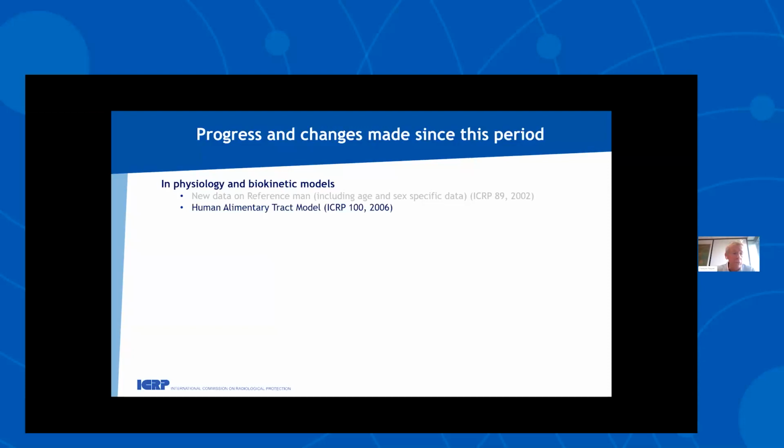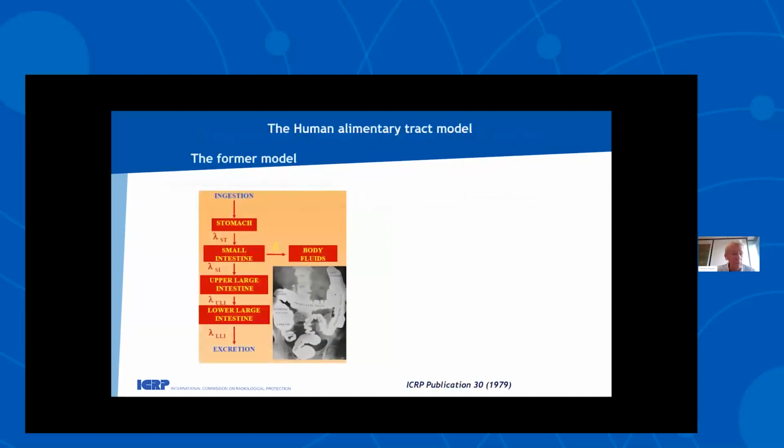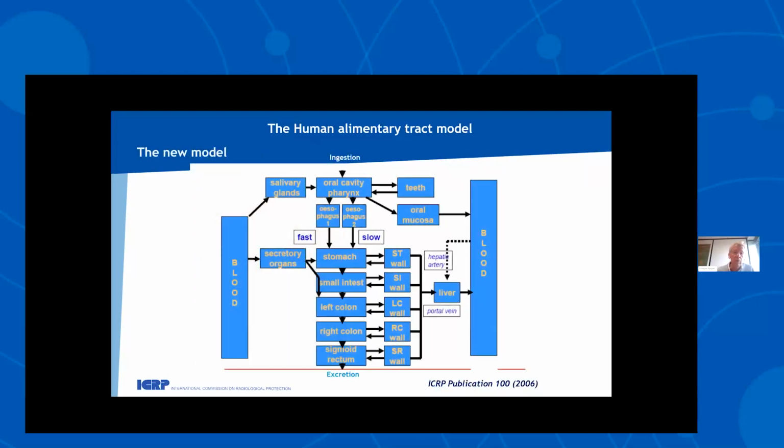We also produced a new human alimentary tract model in 2006. I will not provide detail on this model, but just a few examples of the improvement. The former model, produced in the 30 series, was a very simple model with 4 compartments describing the behavior of radionuclides in a very simple way. In this new model, after ingestion, we can have a direct deposition on the teeth.